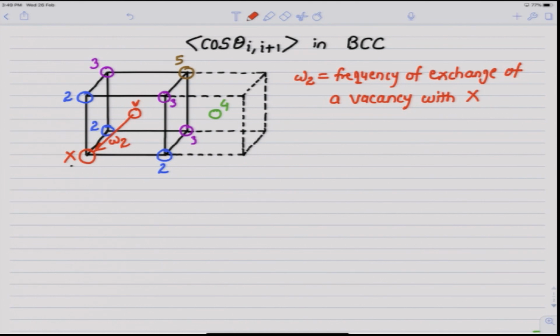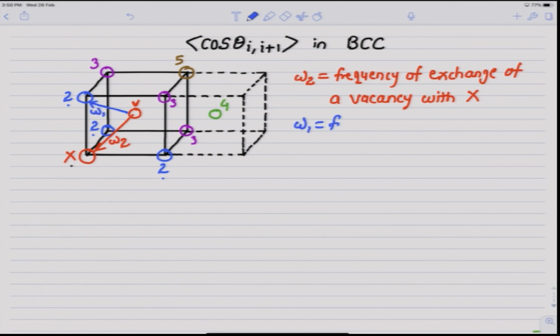Then there are 3 nearest neighbors of the vacancy, which are the second nearest neighbors of the tag datum. They are denoted by number 2 here. So, the frequency of exchange of the vacancy from the nearest neighbor site of X with an atom on the second nearest neighbor of X is denoted as omega 1.